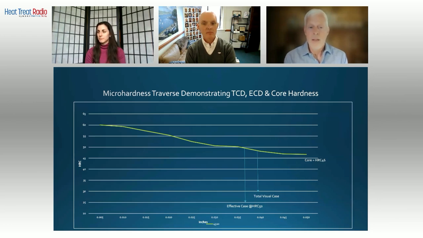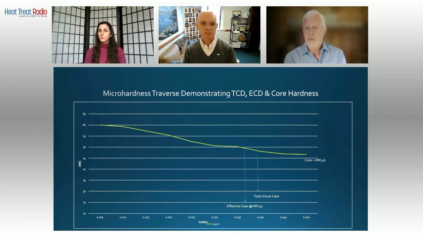On the left-hand side, at 5 to 10 thousandths in depth, the hardness there is 60 Rockwell C. Then as you can see, it diminishes as we go further into the part: 10 thousandths, 20 thousandths, 40 thousandths, 50. We get to the end of that line and we see that's the core. The core is a function of the material hardenability.